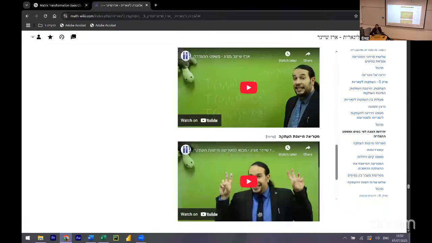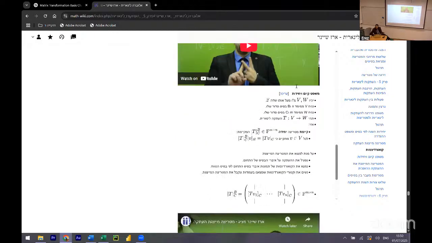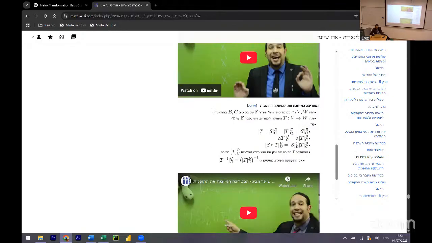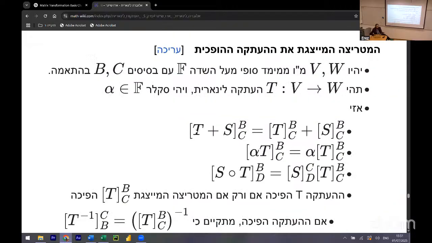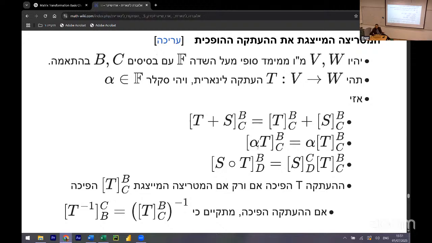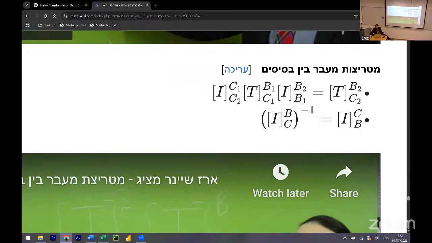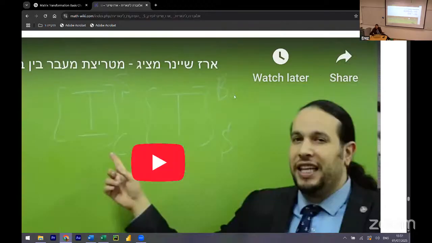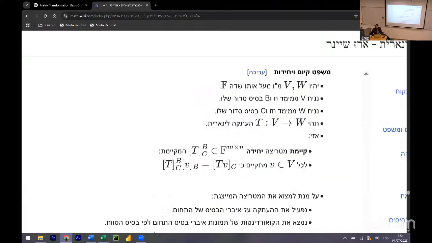This I showed you. These are the coordinates. That's the theorem I've shown you. It's also true for the addition of functions and multiplying by a scalar. The matrix of the sum of functions is the sum of the matrices, and multiplication by a scalar as well. That's the inverse thing. And this I showed you a second ago. That's it, so I didn't forget anything.